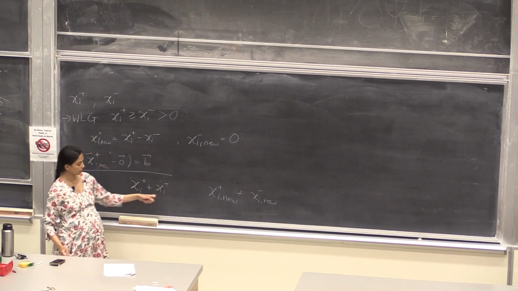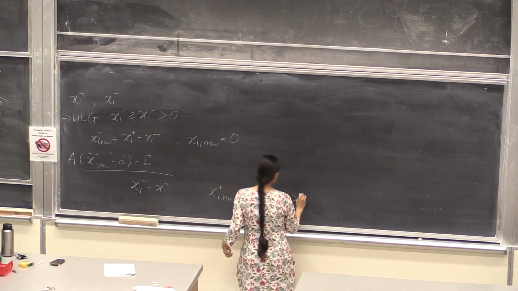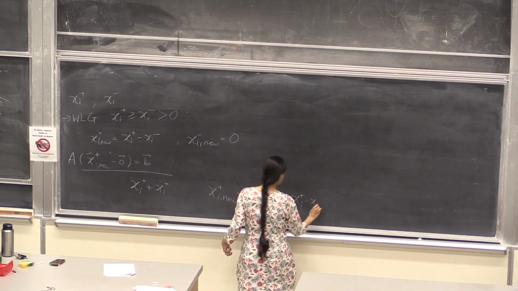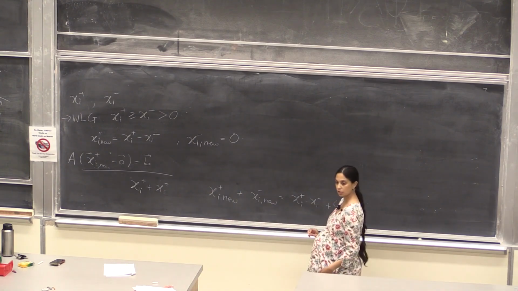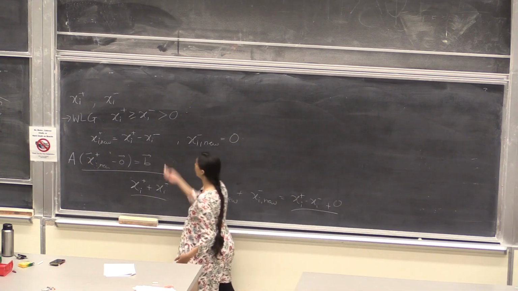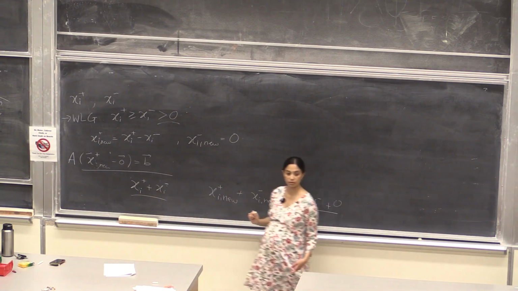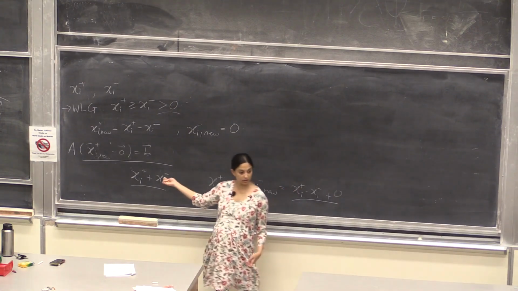This is something here. What is xi plus new? This is xi plus minus xi minus plus 0. So is this bigger, or is this bigger when we have all of these things being strictly greater than 0? This thing is bigger, right?